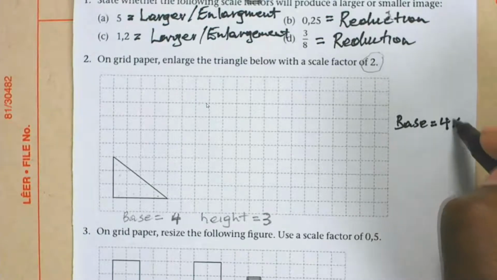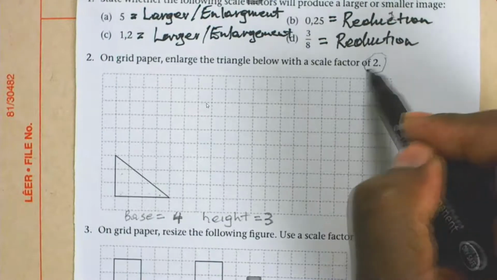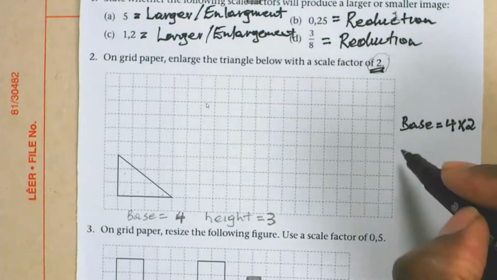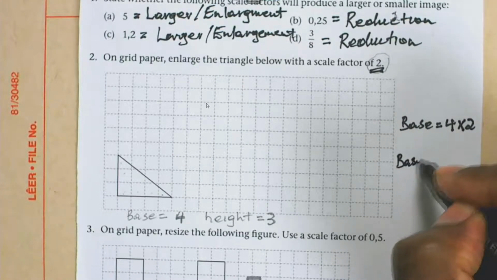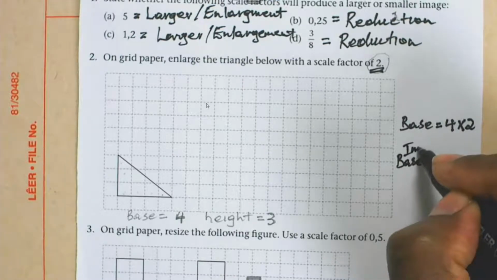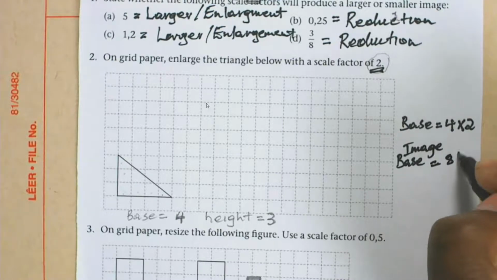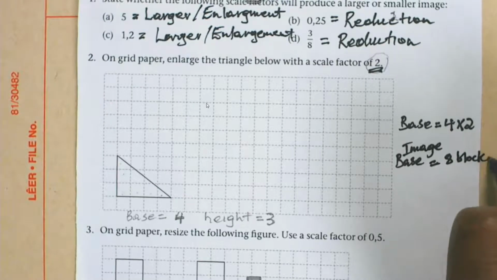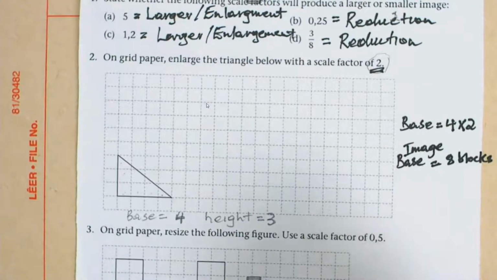Then we're going to multiply this by the scale factor of 2 because we were told that the scale factor was 2. Therefore, the base of the image will be 8 blocks.